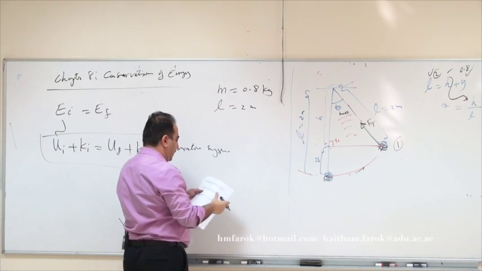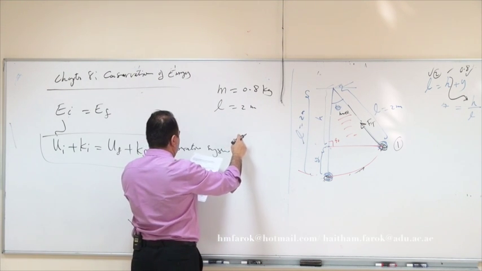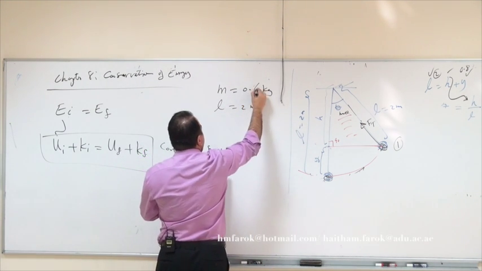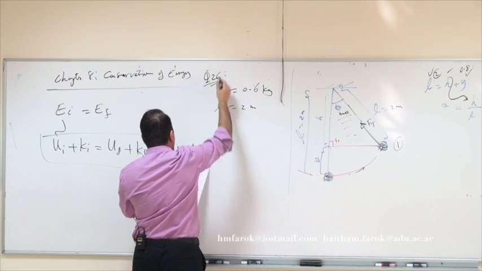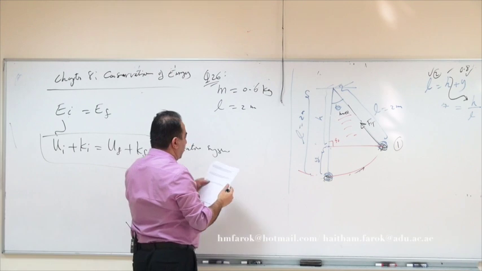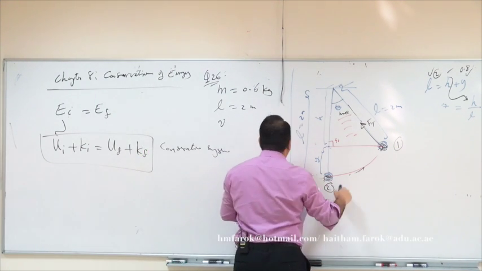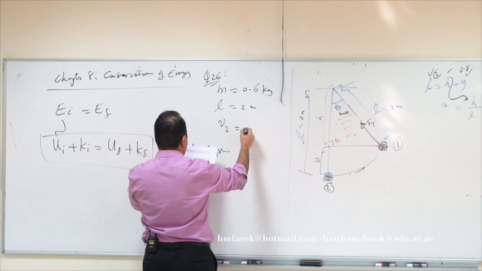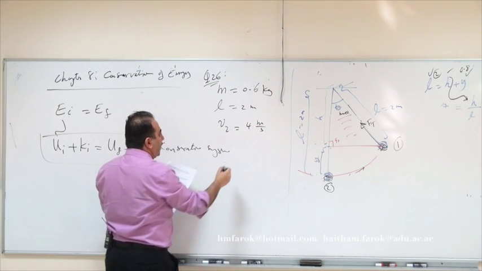I can change it to 27, doesn't matter. 26, sorry. This is question 26. Length is 2, and V at point 2, the lowest point, is 4 meters per second. Find theta max.